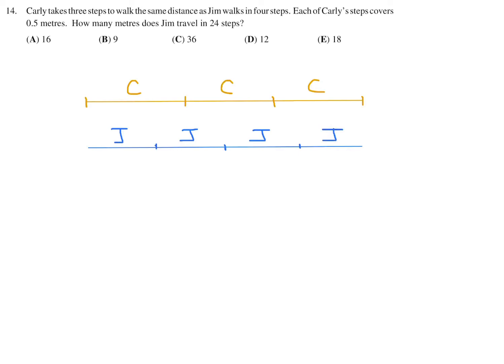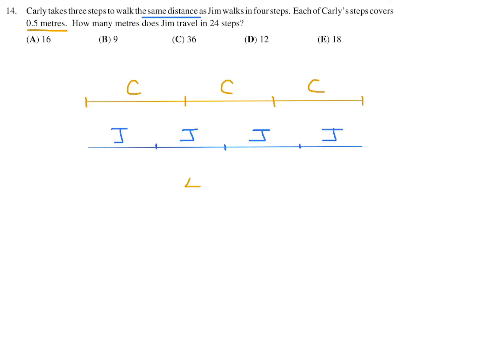Now these 2 lines have the exact same distance, right? Carly's 3 steps are the same as Jim's 4 steps. Now they tell you that each of Carly's steps is 0.5 meters, so we can use that to figure out how far Jim's step is.